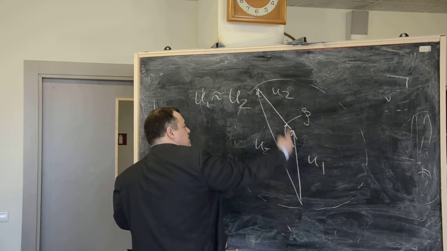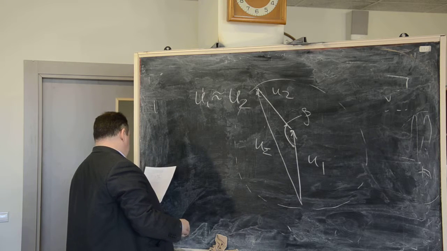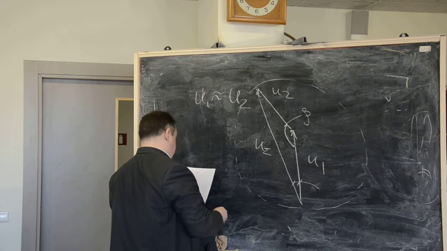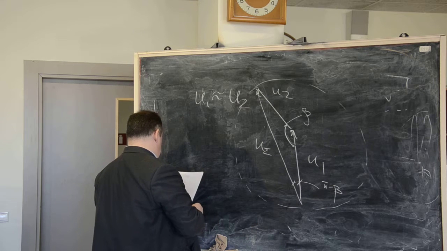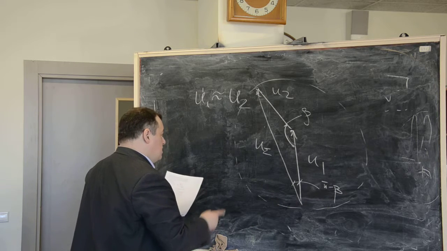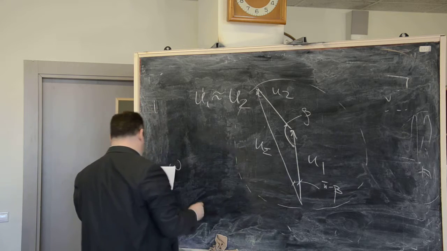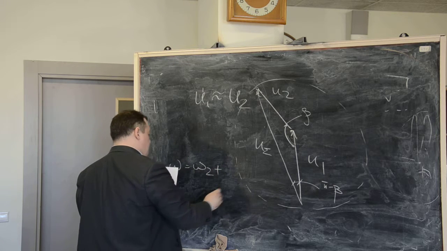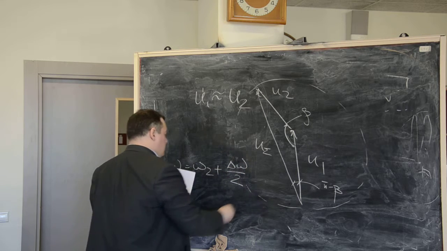Since these two are very close, this small angle will be small, and the resulting frequency of this vector can be written as omega plus delta omega in half.